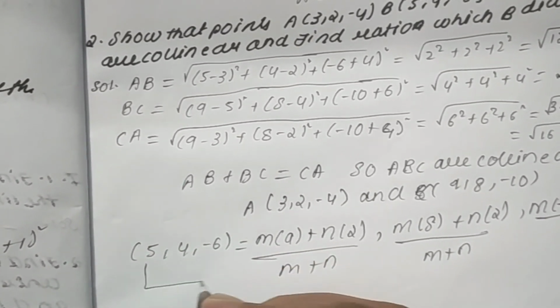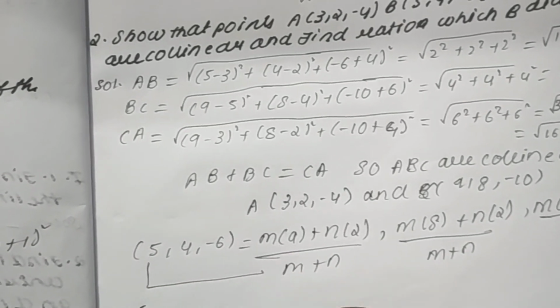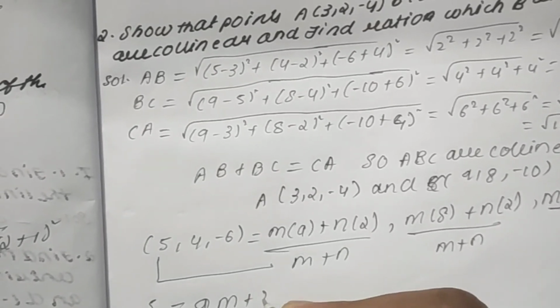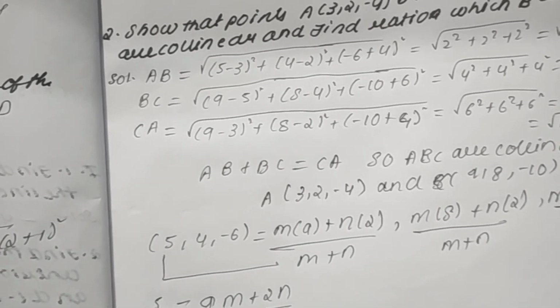Now equate the first term with the first term. 5 is equal to 9m plus 2n by m plus n.